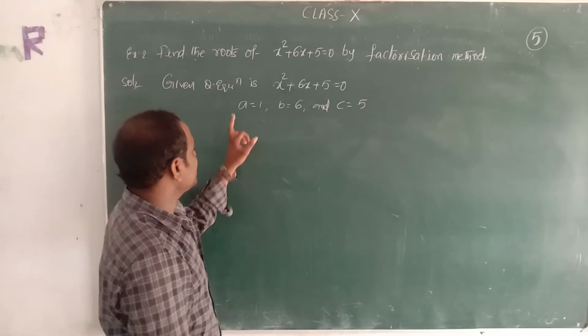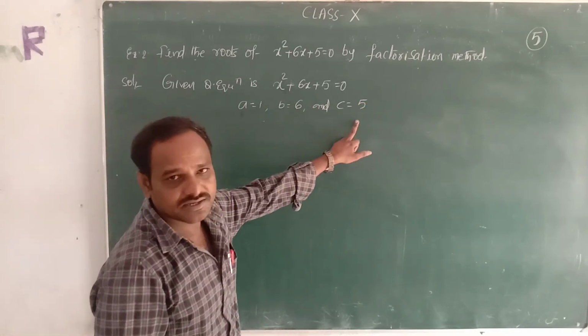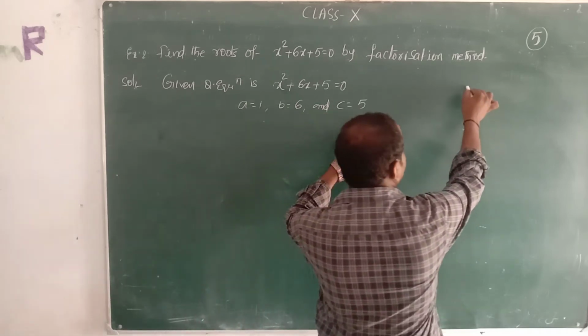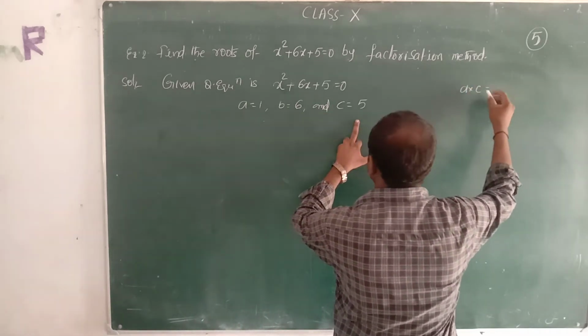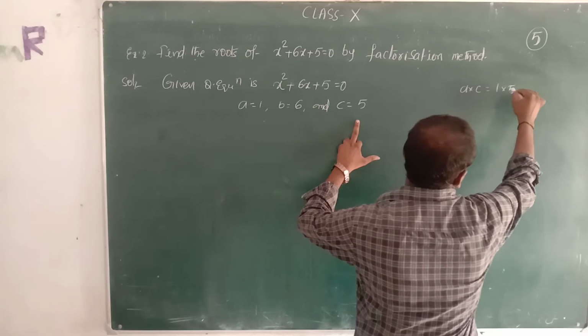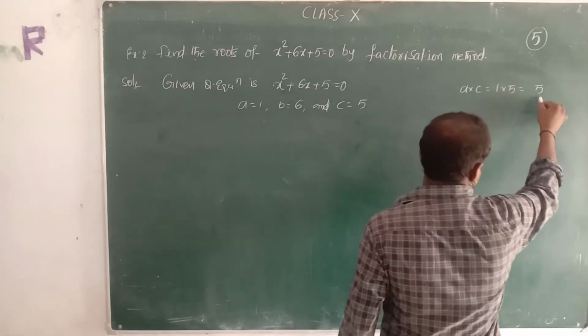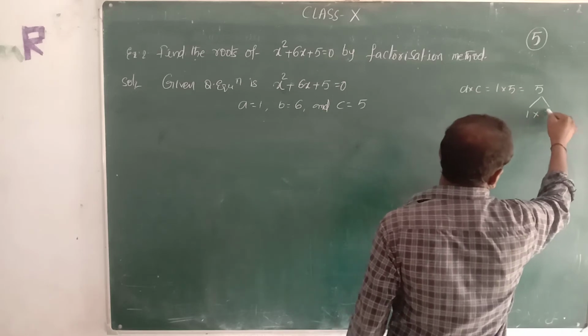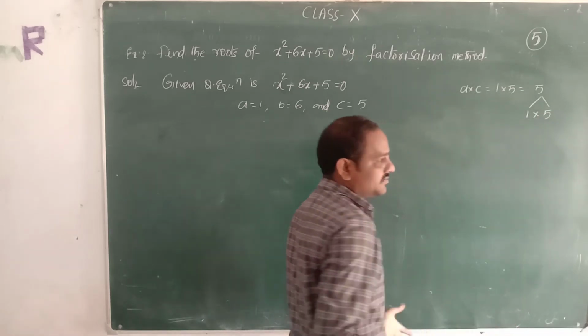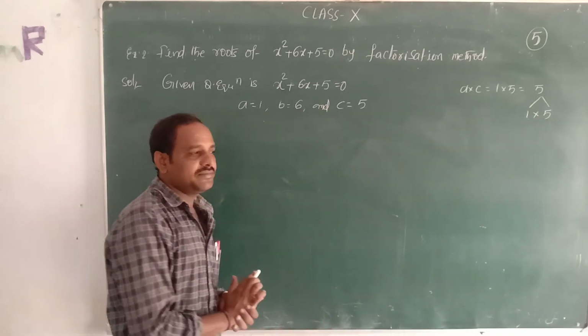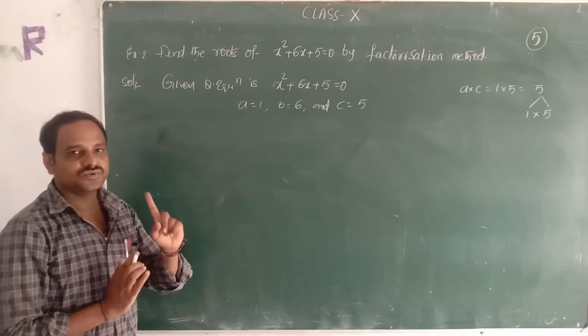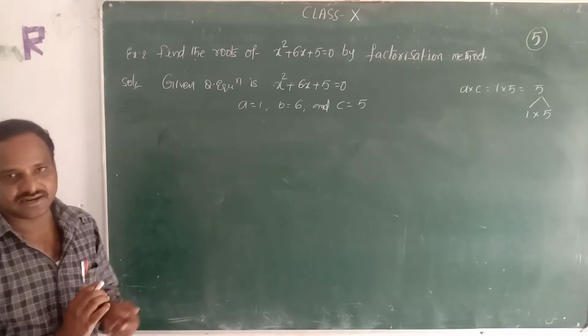Okay, so now the coefficient of x square into the constant term, a into c, is equal to 1 into 5, which is equal to 5. So what are the factors? 1 fives are 5, 5 ones are 5. So it is a prime number which has only two factors, 1 and itself.